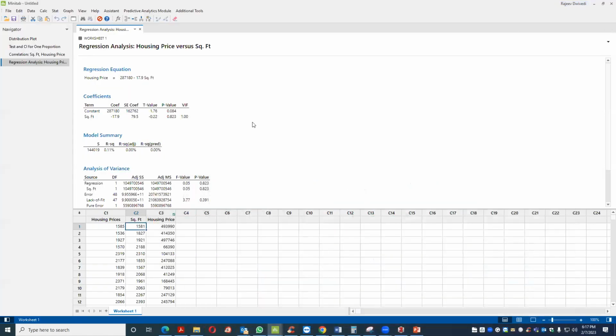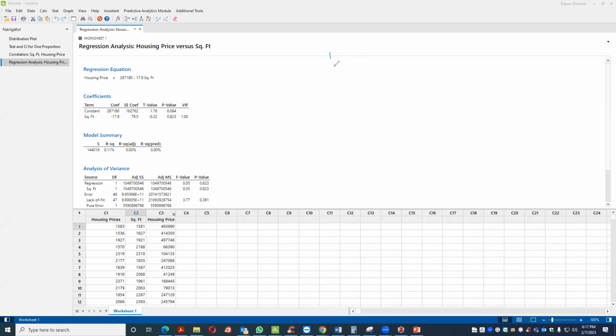So look into this. Again, look at the coefficient p-values. What is the p-value? The p-value is 0.084, which is more than 5%. And this one is 82%. This means both null hypotheses are correct. That means both are 0, meaning both are useless in the model. So how can I write this?